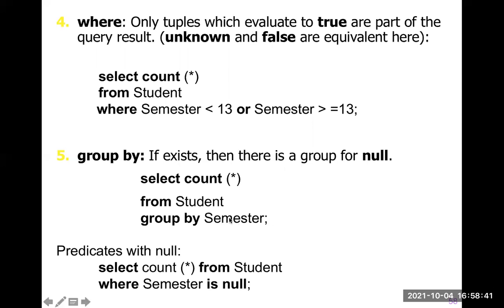In GROUP BY there is a special situation. If I group by semester and there are semesters with null value, a group for the null value will be created.